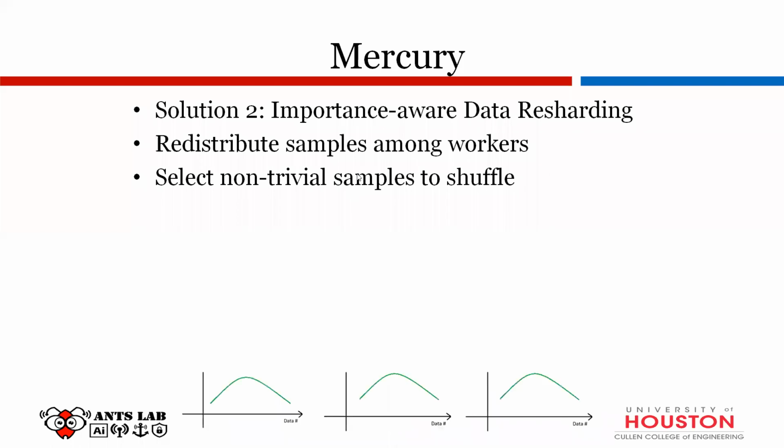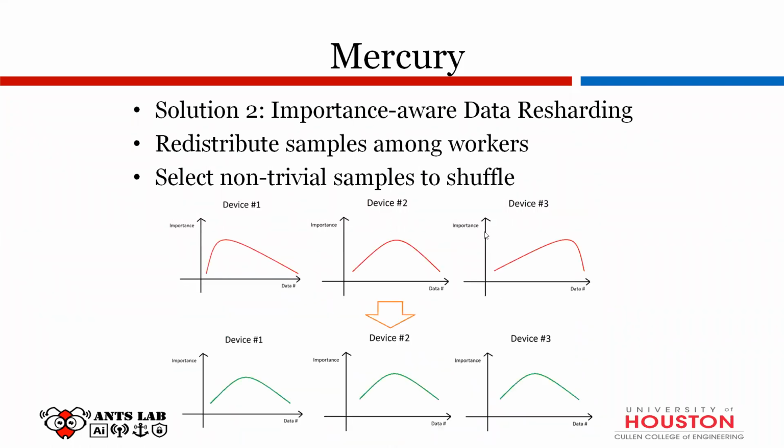In this figure, you can see that although in the beginning each device has its own importance distribution, after the resharding they can achieve the same global importance. So in that way, the training won't be inefficient.